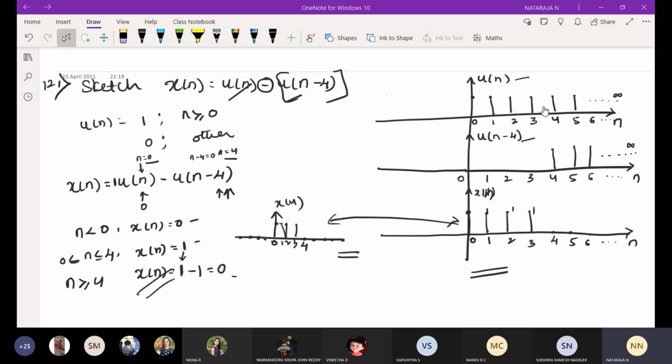Attendance. Manish Kumar. Present, sir. Manoj BC. Present, sir. Manoj HM. Present, sir. Manoj Deep. Present, sir. Panindra. Present, sir.